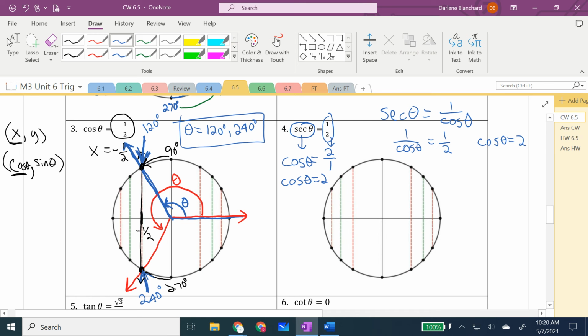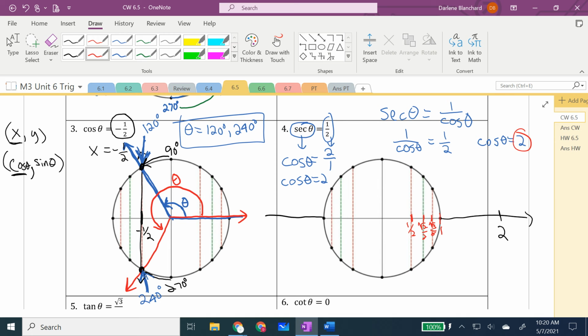Now, cosine is an x-coordinate. And I want you to keep in mind with our x-coordinates that right here I have positive 1/2, positive root 2 over 2, positive root 3 over 2, positive 1, positive 2 on the x-axis. If I extend the x-axis out further, positive 2 is about here.